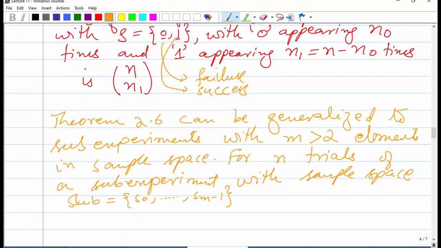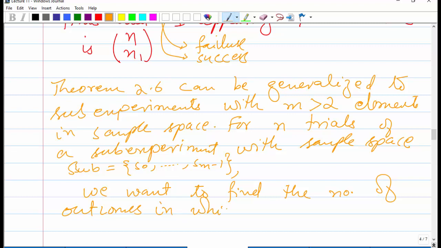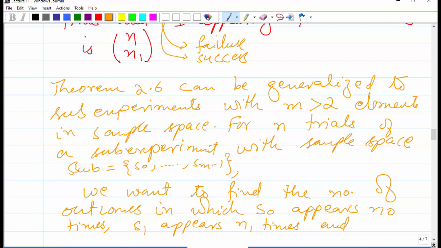So we want to find the number of outcomes in which S naught appears n naught times, S1 appears n1 times, S2 appears n2 times, and so on.